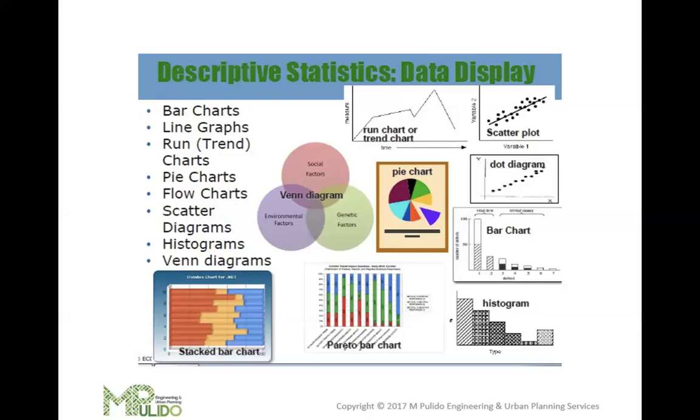Okay, bottom left. The stacked bar chart shows parts of a whole by stacking bars for different subcategories on top of each other. Then the Pareto bar chart, it's the bottom middle. The Pareto bar chart combines bar and line charts, typically used to identify the most significant factors in a data set.